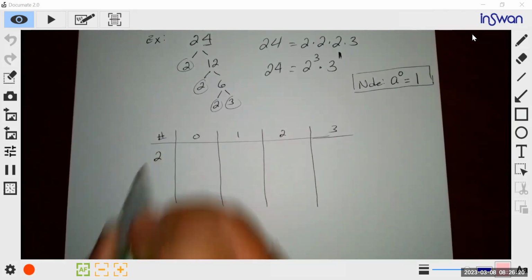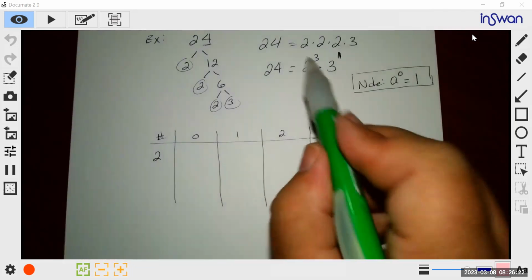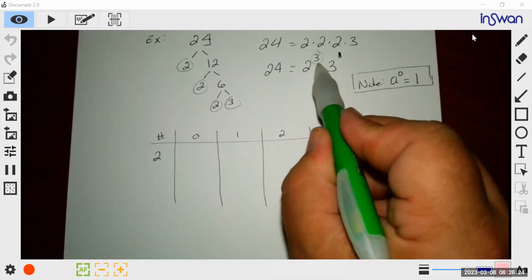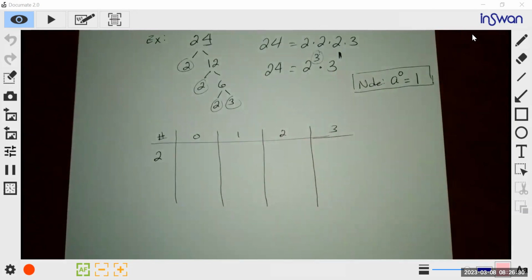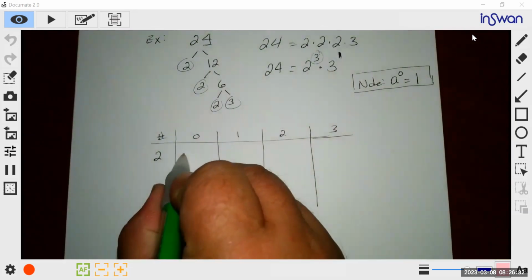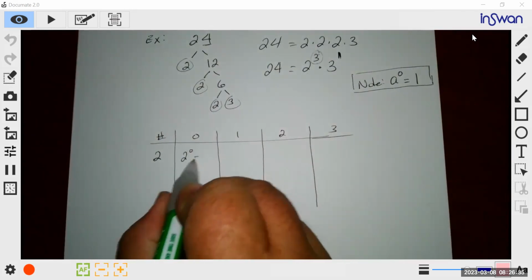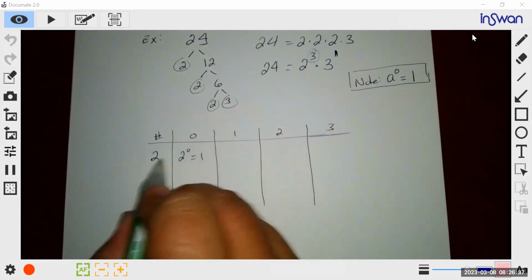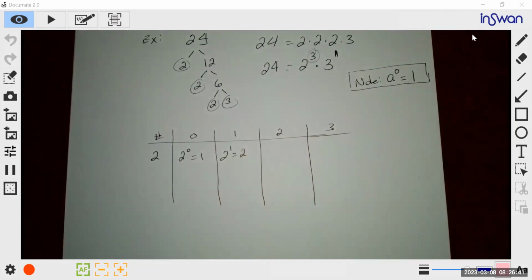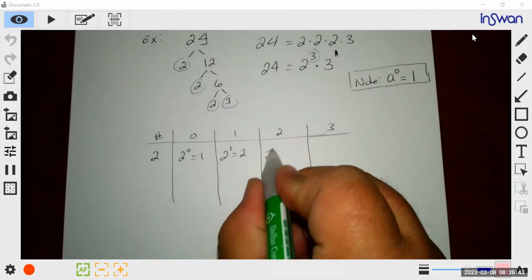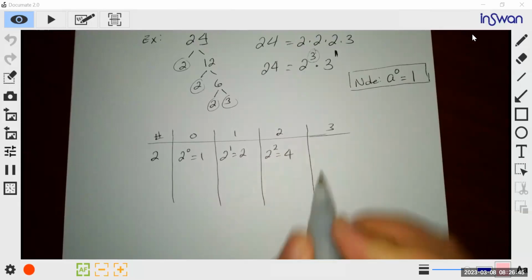So the number is 2. In this one, I have all the way up to 3. So I can have 2 to the power 0 equals 1. 2 to the power 1 is 2. 2 to the power 2 is 4.